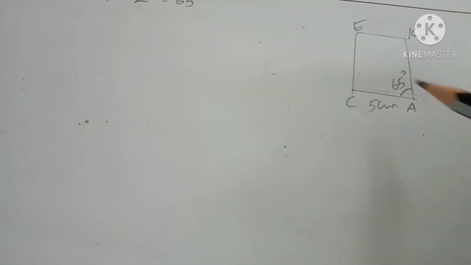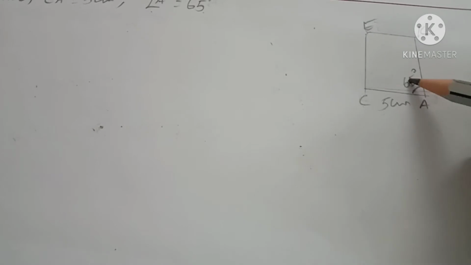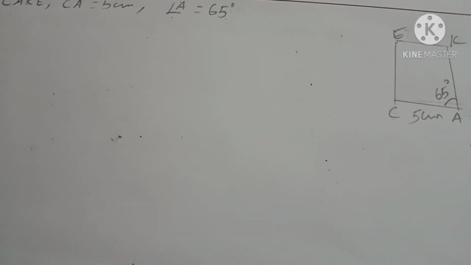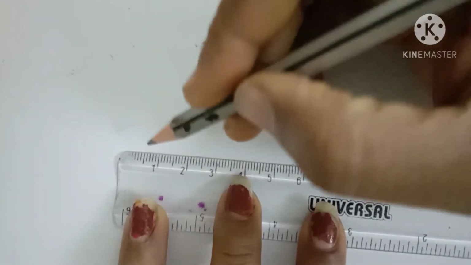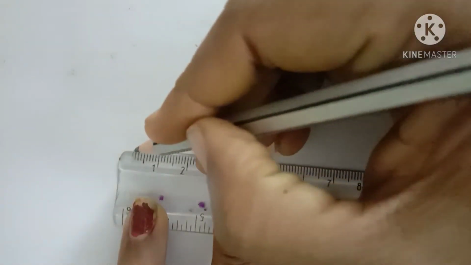Third question, rhombus CAKE, CA equal to 5 centimeter, angle A is equal to 65 degree. Draw the rough figure CAKE, CA equal to 5 centimeter, at A 65 degree. Draw a line segment CA equal to 5 centimeter.